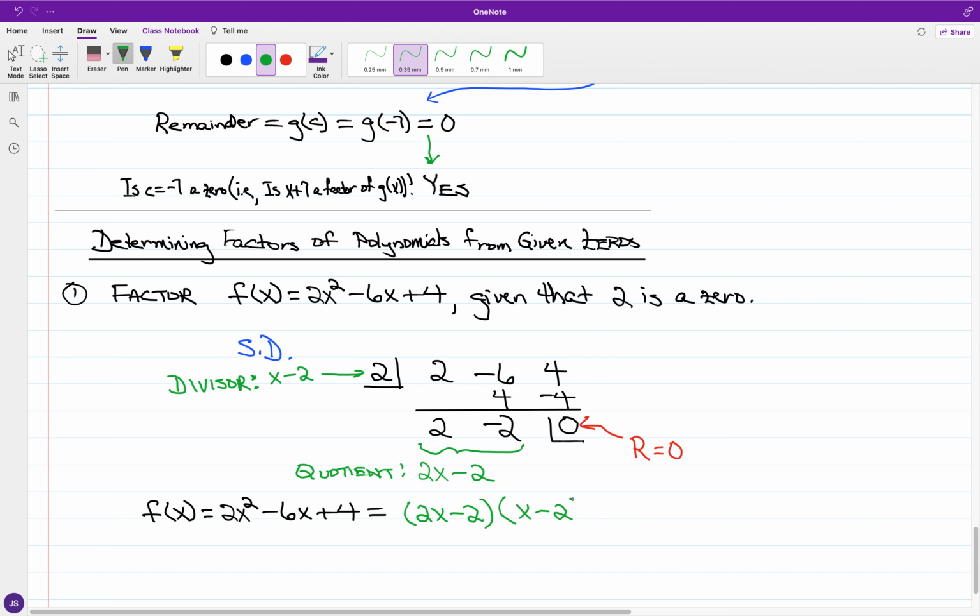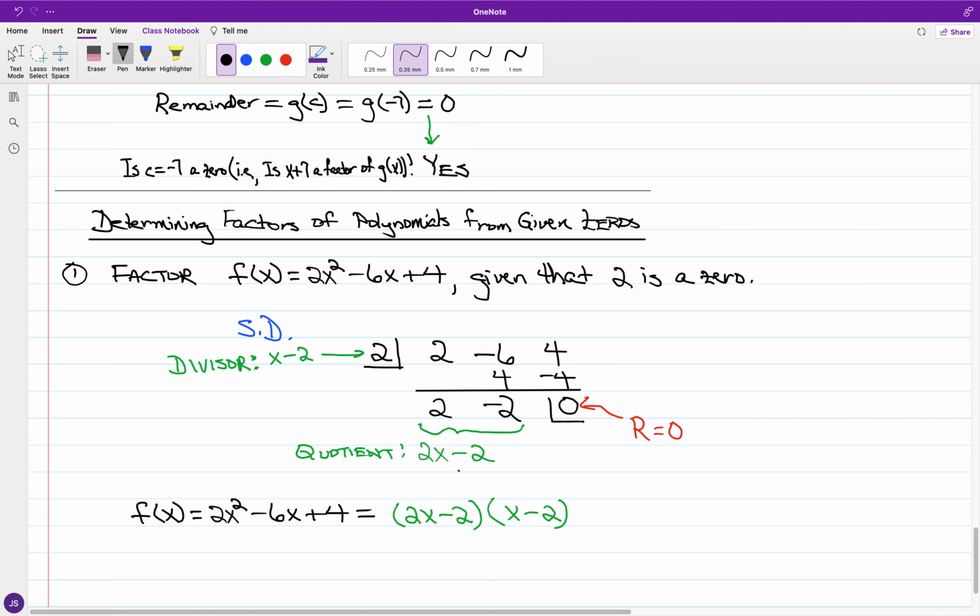Sometimes the product of the quotient and the divisor will be the final factorization. There can be times when you can factor out even further. From the quotient we've got 2x minus 2, and this can be factored out even further since we have a common factor of 2. And so we have 2 times the quantity x minus 1 times that of x minus 2.